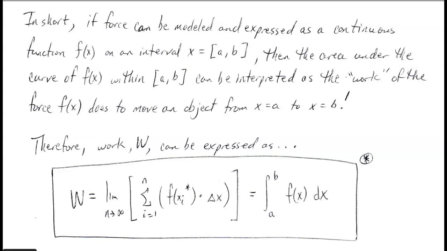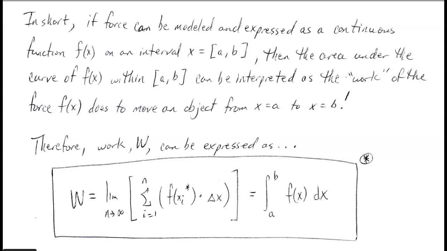So if we can make that assumption here, then that means that we can express the force as some function f(x), and thus we can look at the area under the curve of f(x). And one of the ways that we could translate that is the actual work of that particular force on some object for a certain distance. And of course, that distance will be from some x value a to another x value b.